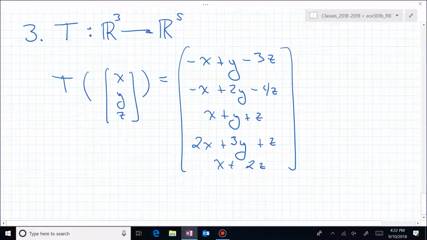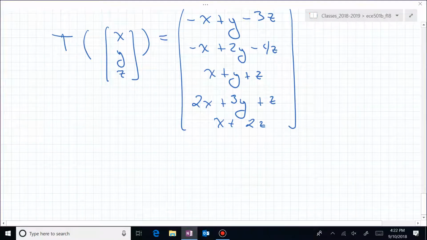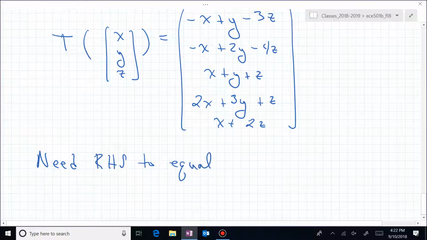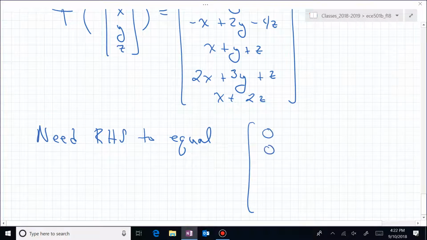This tells you how x, y, z combine to give you each of these coordinates in your 5-space. And now you say, is it possible? Hopefully you can see that if you set all of these x, y, and z to 0, you definitely have all zeros. What else? Well, that may need some analysis. But we really are saying then that we need the right-hand side of this mapping to equal this 5-vector.